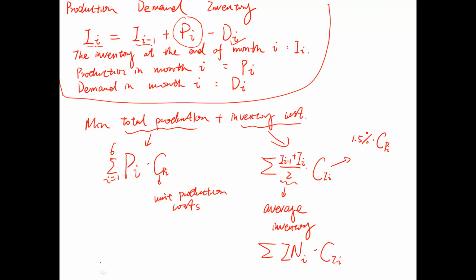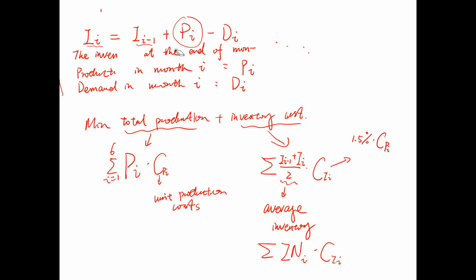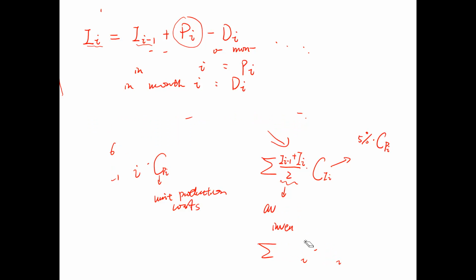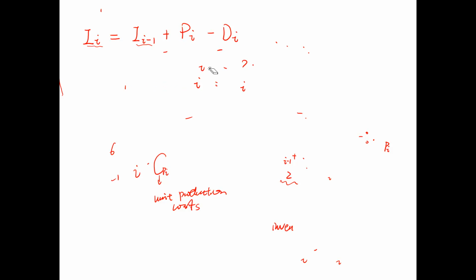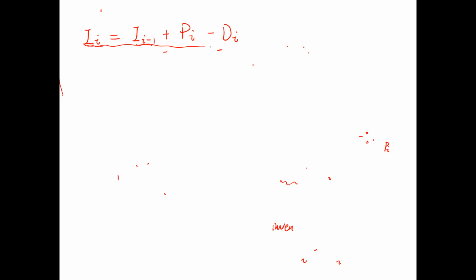Then continue. Let me just write those. So I'm going to leave just this part here, because this formula defines the relationship between your beginning inventory, end inventory, production, and the demand. So that's another formula that we need to include in your constraints.